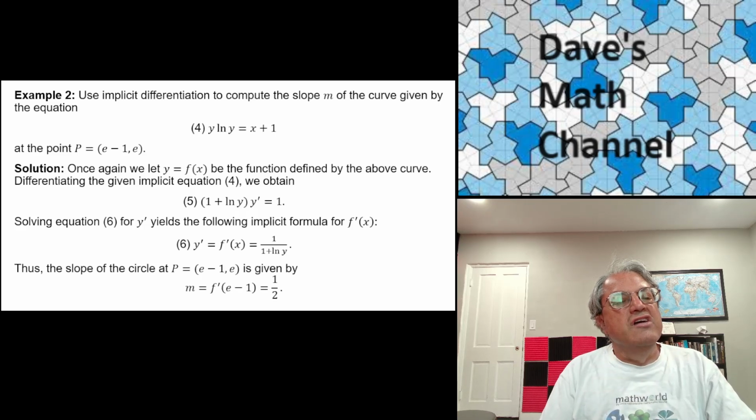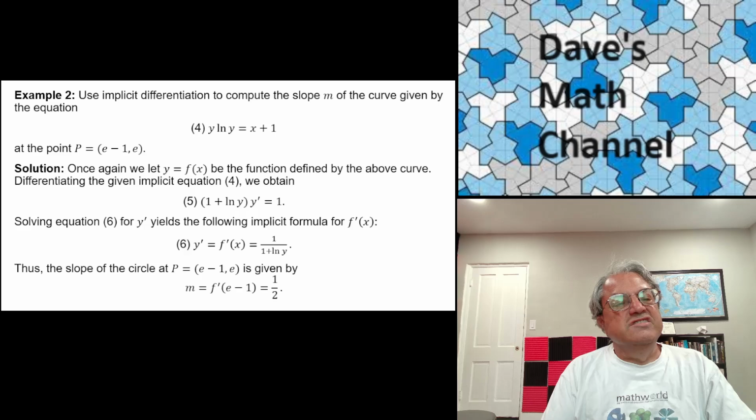That's just log y. So altogether, you get 1 plus log y for the derivative of the left side with respect to y. But remember, we want the derivative with respect to x, so we have to multiply the whole thing by dy/dx, which is y prime. So that's the left side: 1 plus log y times y prime.